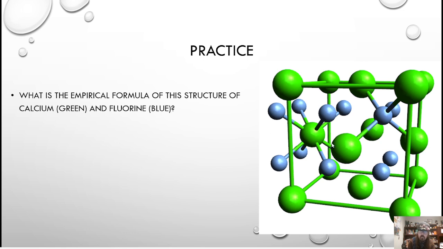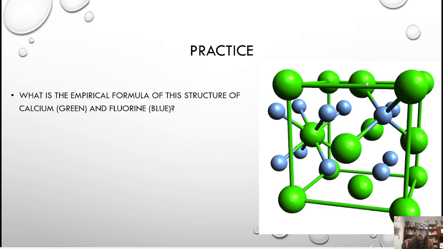Each calcium is green, and it's trying to show you here that each calcium is touching 8 fluorines. But it's also trying to help show you where they're at with respect to the cell. So the calcium is adopting a face-centered cubic arrangement. That is something you should be able to determine. It's not something that should trick you.